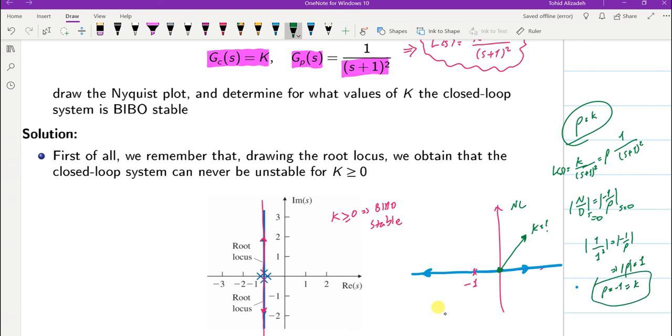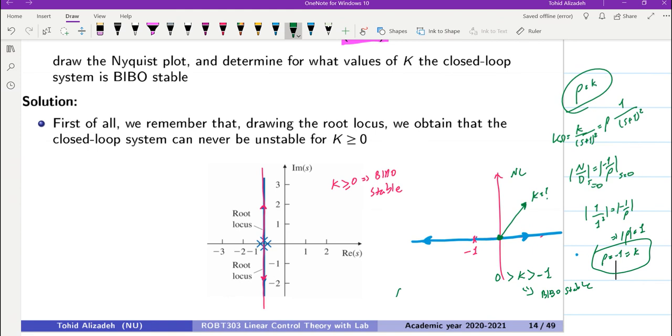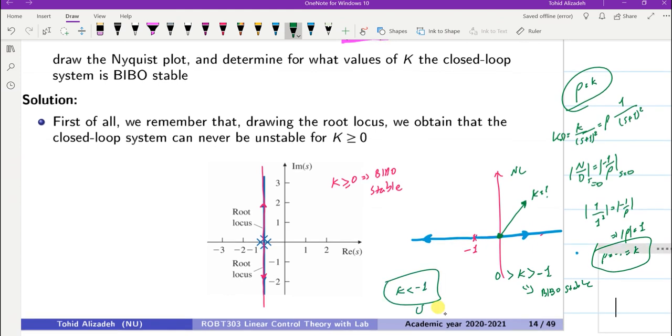So we can say that for K bigger than minus 1 and smaller than 0, we have the system stable. But for K smaller than minus 1, our system will become unstable.